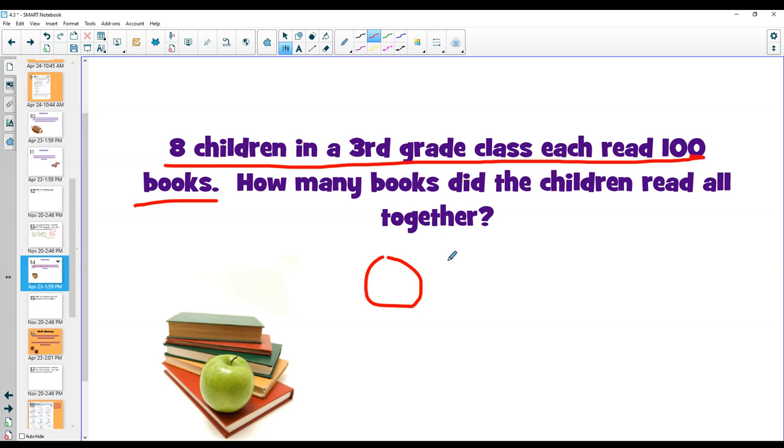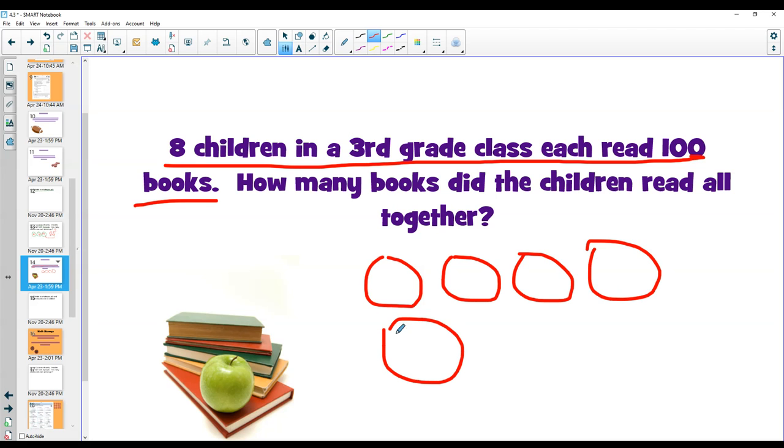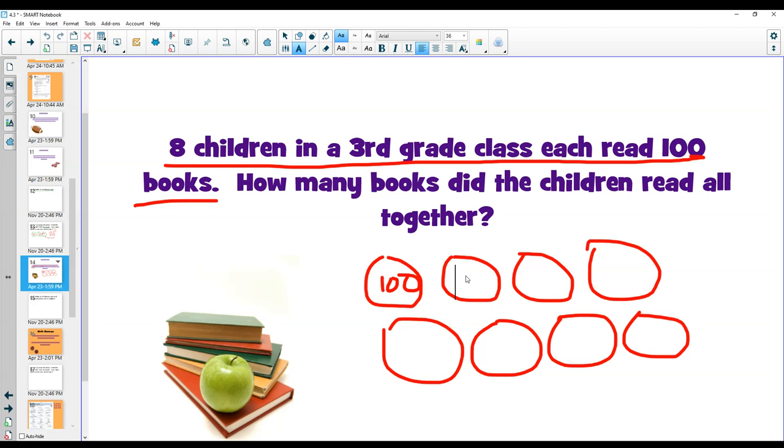Here's our 8 children. 1, 2, 3, 4, 5, 6, 7, 8. All right, each child read 100 books. So this child read 100. Well, then that means this child read 100, and this child read 100, and each one of these children read 100.